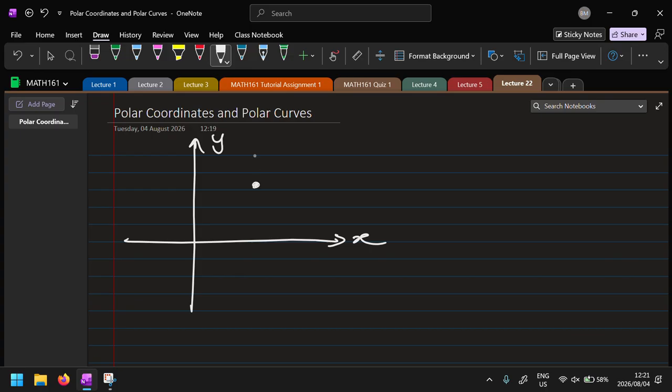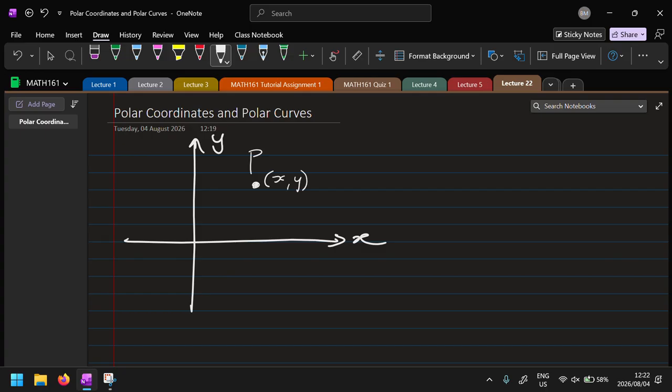So let's say we have a point P over here. The distance along x and the distance along y gives us x, y for this coordinate. Yeah, that's the usual Cartesian, very simple. What we're going to do now is find a transformation from this coordinate system, Cartesian, to another coordinate system called polar coordinates.